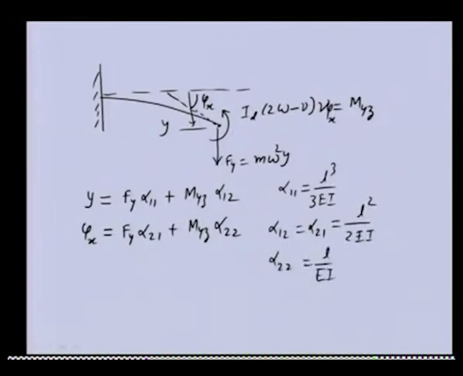So these influence coefficients are for the cantilever beam, in which the direction of the force is this one and the moment is clockwise. So these have been derived based on this sign convention. You can see that the force is in the same direction as this one, but the moment is opposite. So when we use these expressions here, we need to keep these moments with a minus sign, so that they are in line with the sign convention.